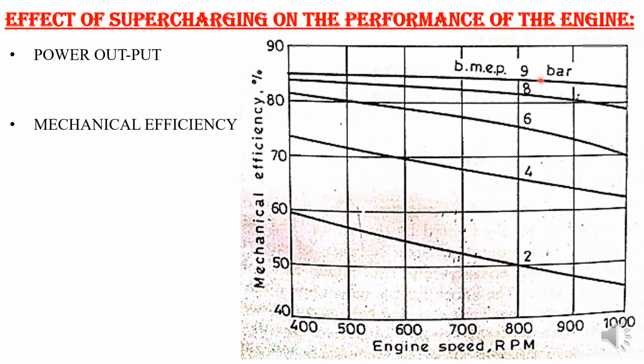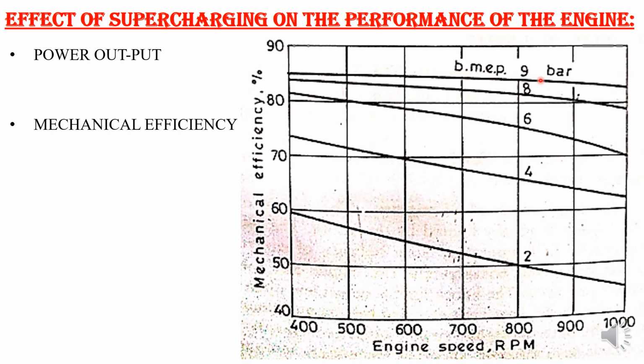However, this increase in BP is much more than the increase in the frictional forces. That means the brake power output you are getting is more compared to the increase in frictional power. A typical value might be in the range of an 11% increase, or a 7.5% increase you may obtain, for petrol as well as diesel engines compared to your frictional forces.